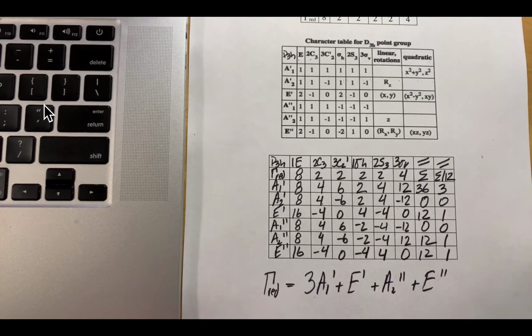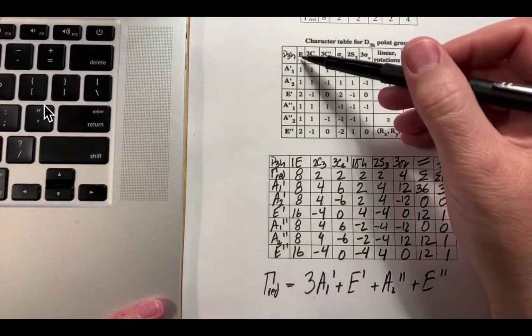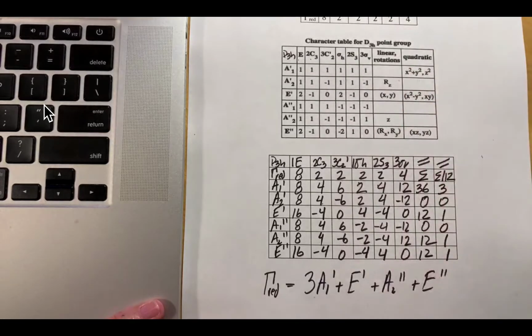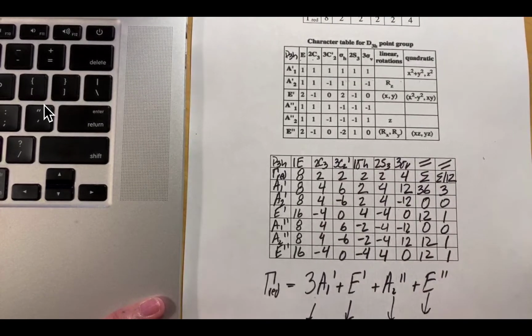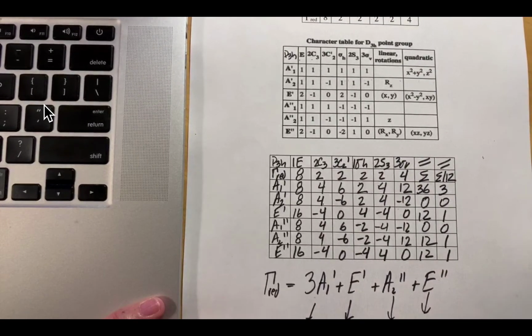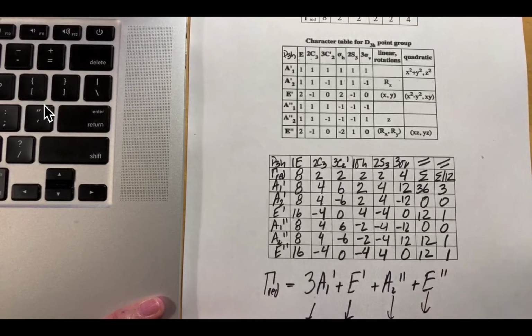Final thing that we have here is a check. If we want to go back, the easiest check is in the E column. So this one would contribute 3. This one would be 1 times 2, because there's a 2 in the E column. This contributes 1, and this contributes 1 times 2. So 3 plus 2 plus 1 plus 2 is 8.